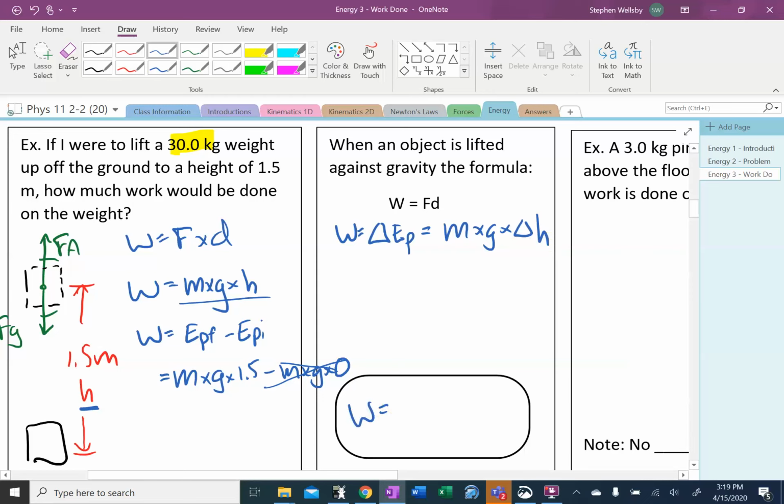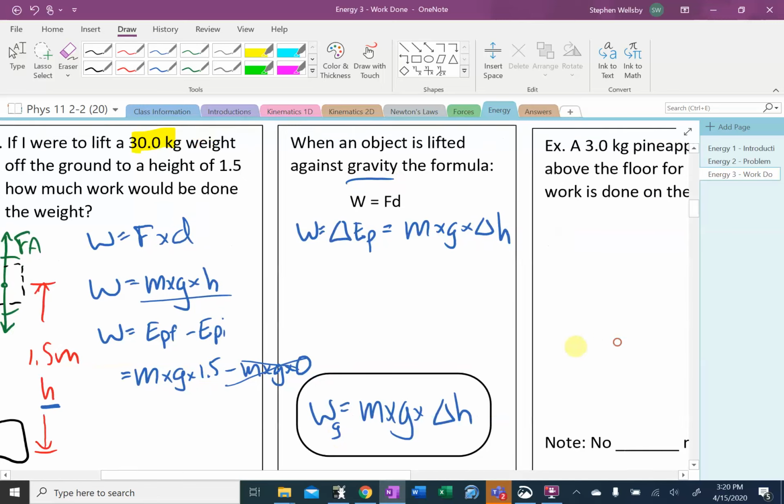So work is going to be m times g times delta h. So this is the work done against gravity. So whenever it's lifted against gravity, m times g times delta h is going to be our work. mgh would be our energy at a specific point. Work would be our change in energy, which means it's going to be m times g times delta h.